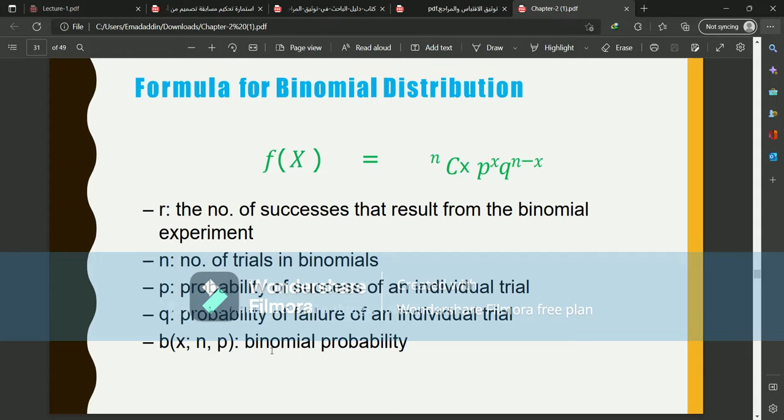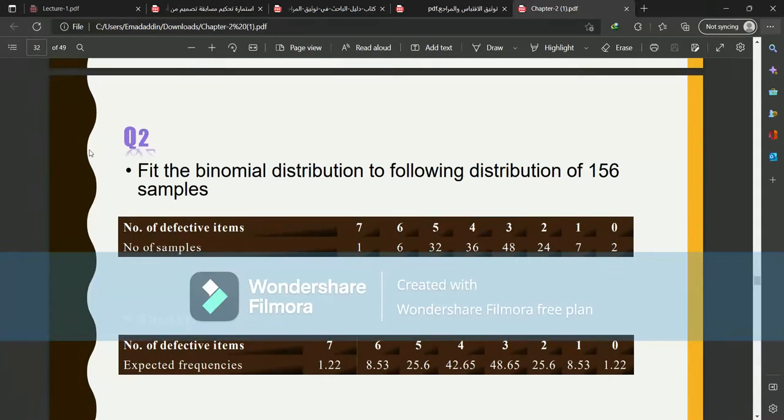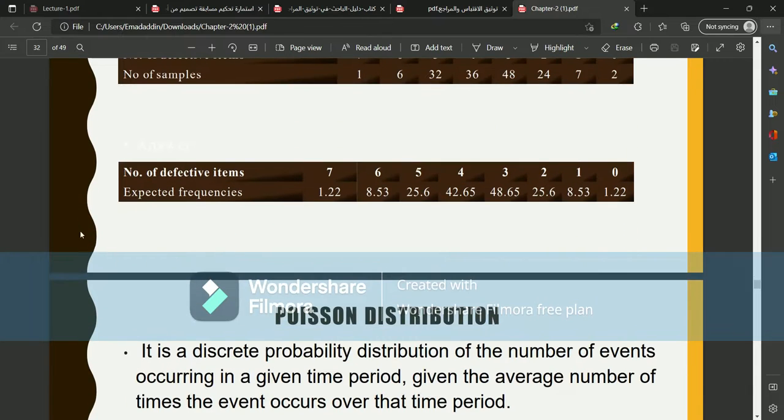Second question: fit a binomial distribution to the following distribution of 156 samples. Number of defective items: 7, 6, 5, 4, 3, 2, 1, 0. Number of samples: 1, 6, 35, 36, 48, 24, 7, and 2.